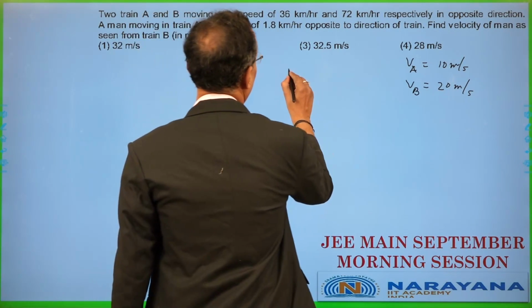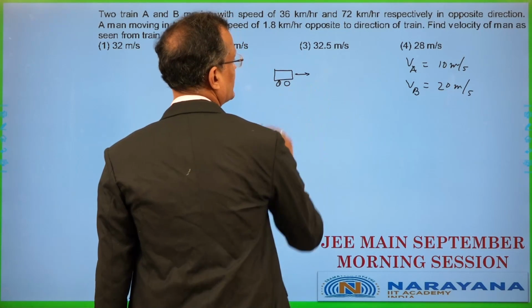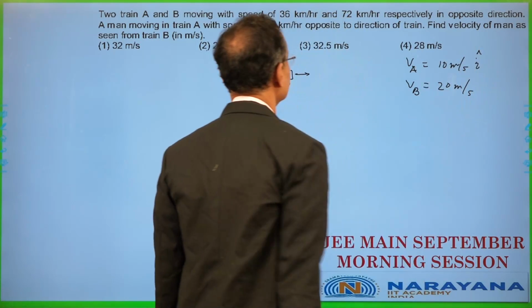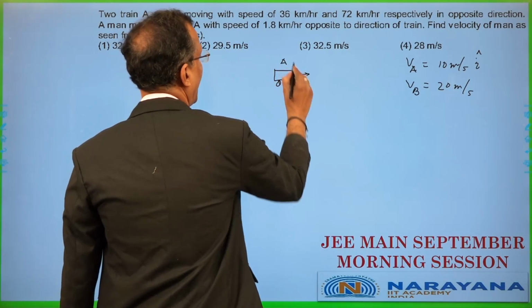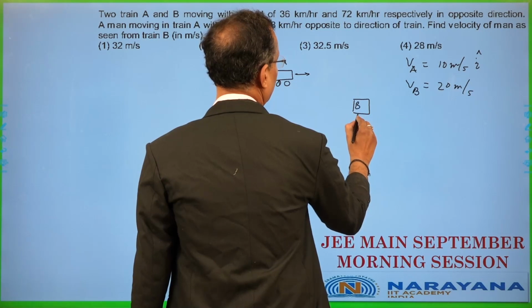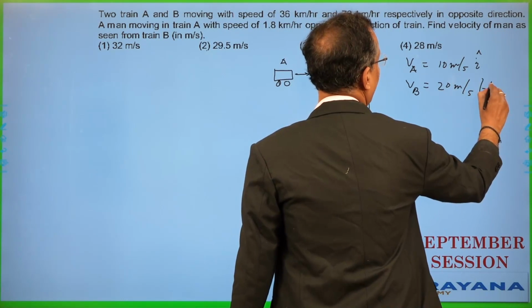So I am taking train A moving in this direction, so I, and B is moving in this direction, so minus I.